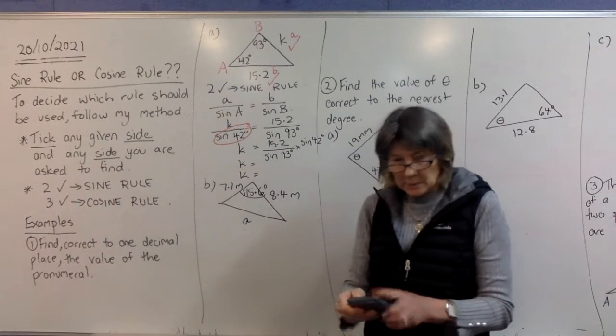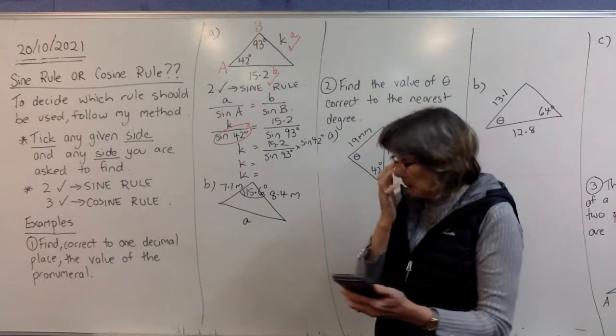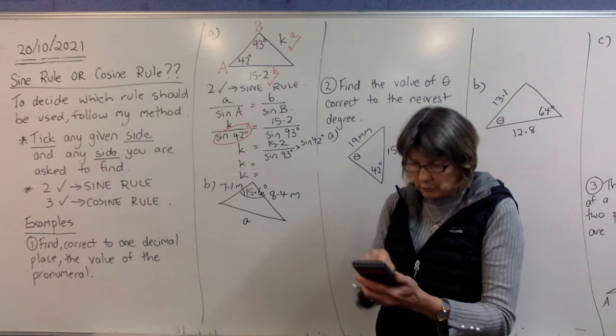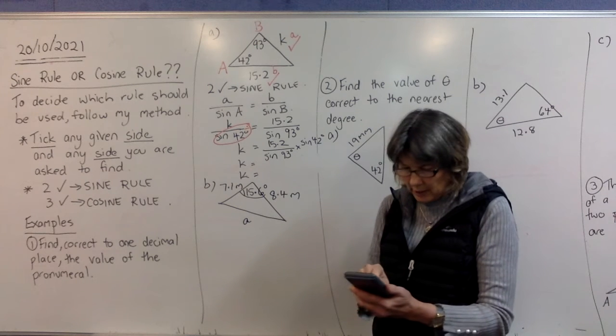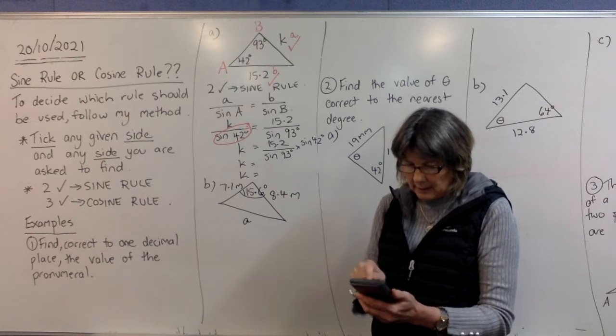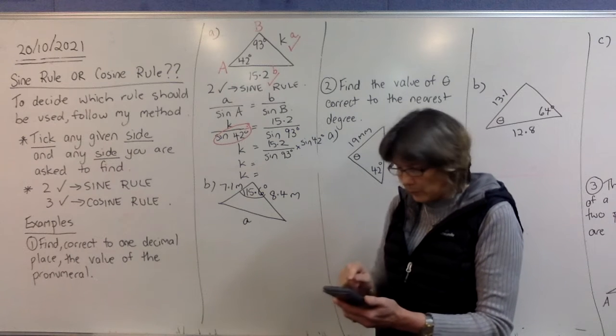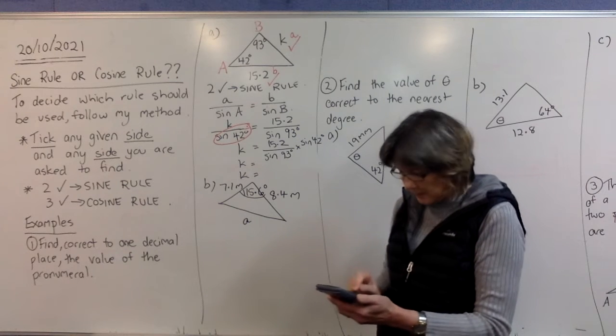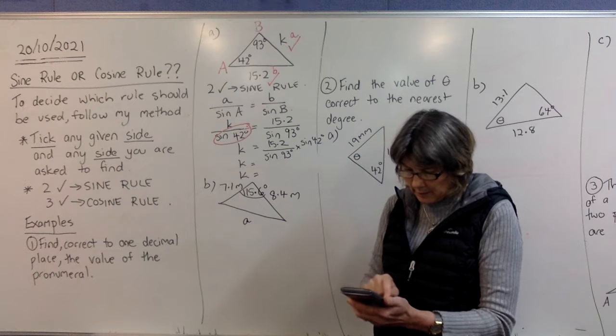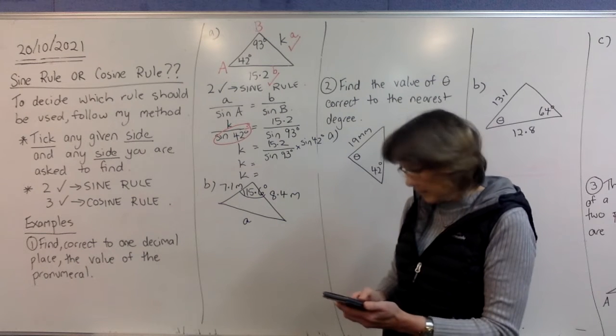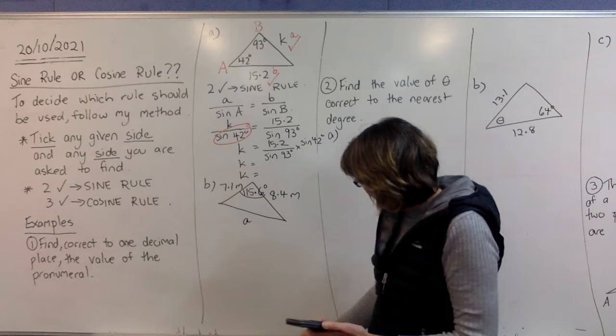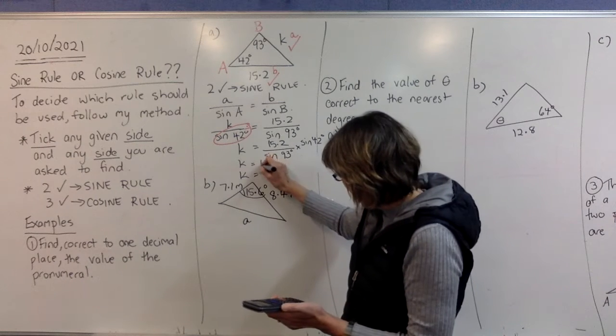And you know how to do this by now, so we're going to press fraction key, 15.2, down arrow, sine 93, close the bracket, right arrow out of the fraction, times sine 42, close the bracket, press equals. So we end up with this.